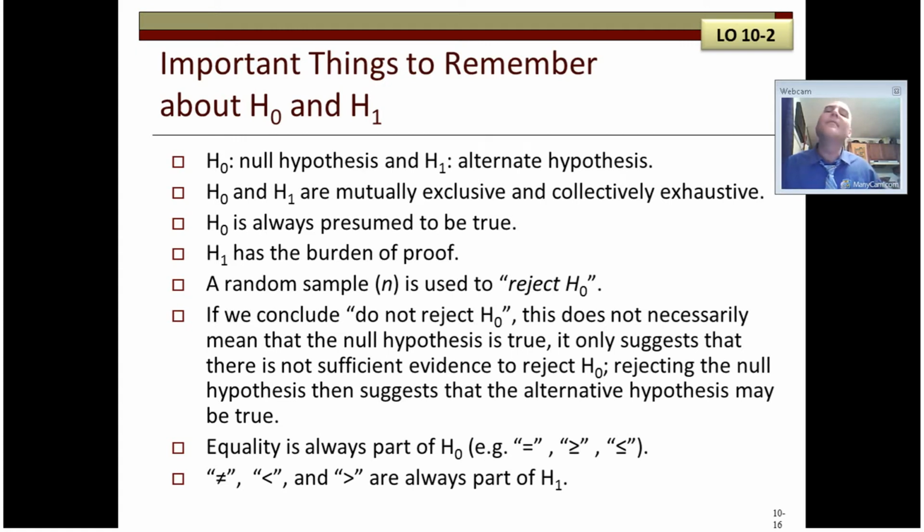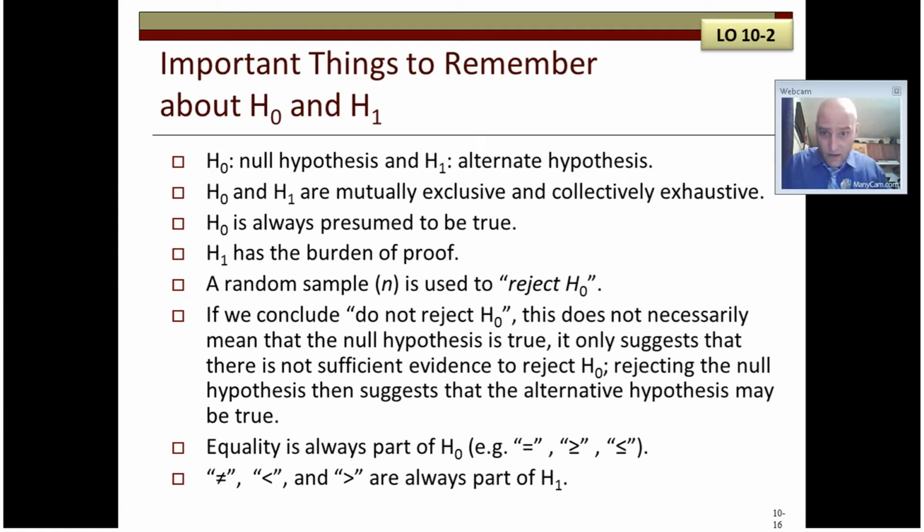H1 always has the burden of proof, which is to say, unless we can say otherwise, mu or pi, the population parameter that people tell me is true, I have to believe that until I come up with some sample evidence that allows me to say otherwise. H1 has the burden of proof. We use a random sample to try to reject that truth statement that's given to us.